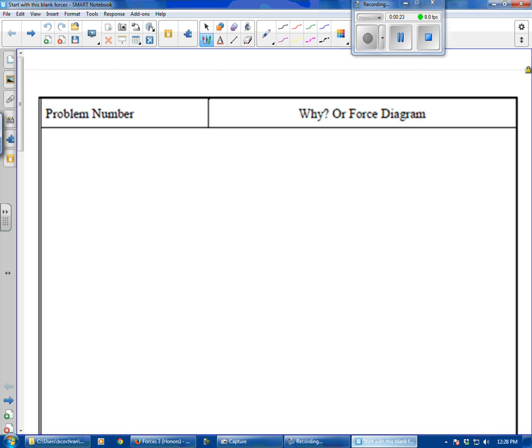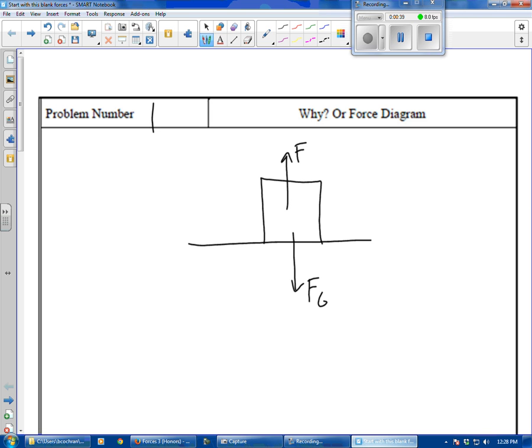So, number 1. Doing my force diagram: F sub G down, force normal up. I'm going to think it's trying to move to the right, so I'm going to put my F going to the right, and my frictional force going to the left.